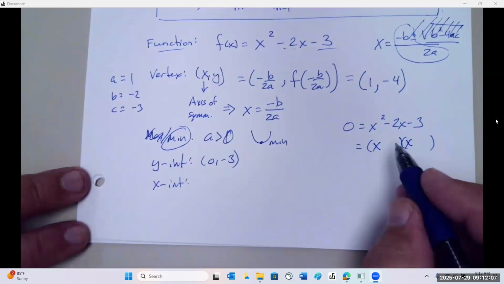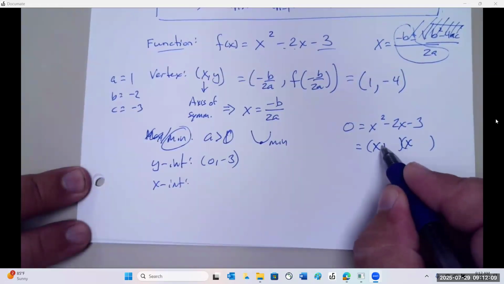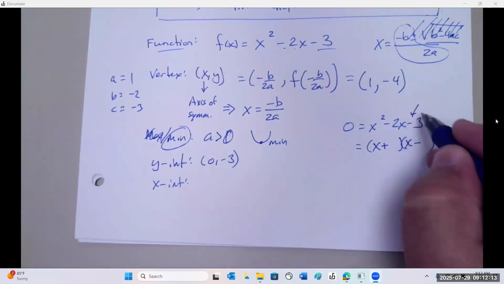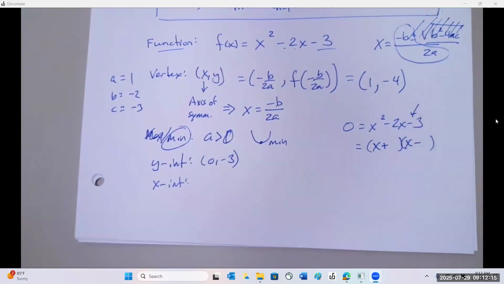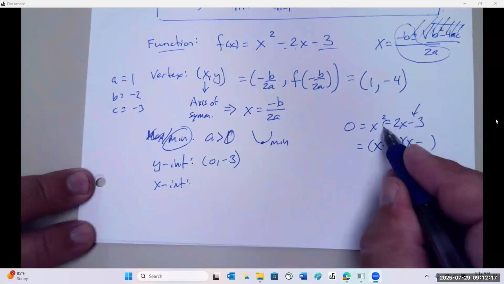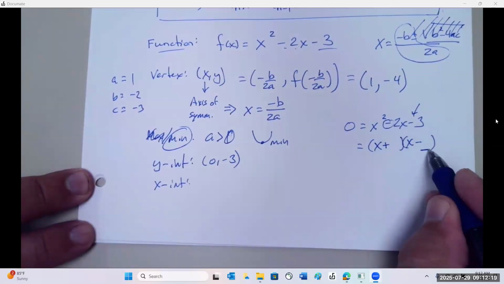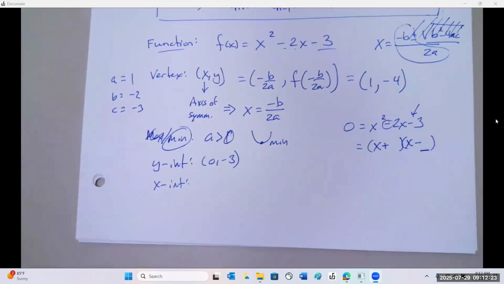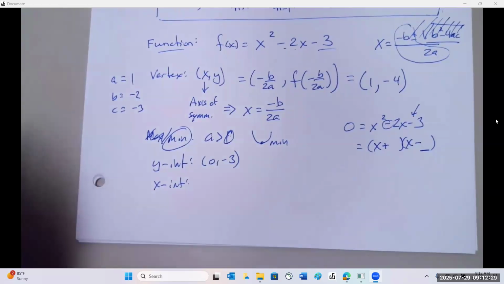What signs go in there? Opposite signs, because the second sign is a minus. And out of this, since the first sign's a minus, the bigger number goes there. So what numbers go inside there? Chapter 3. How do we solve it?